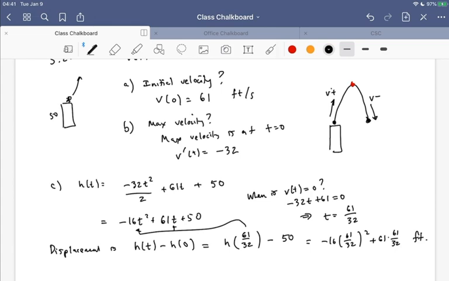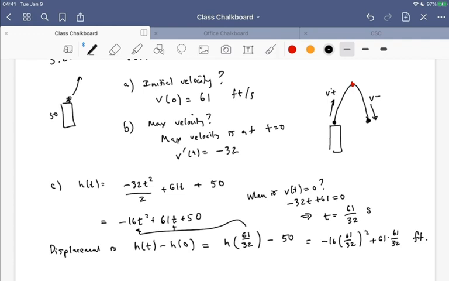Now, I actually kind of put the cart before the horse here, because maybe think of part C and part D as kind of a package deal. Notice that in order to find out what the maximum displacement was, we first had to figure out when it occurred.